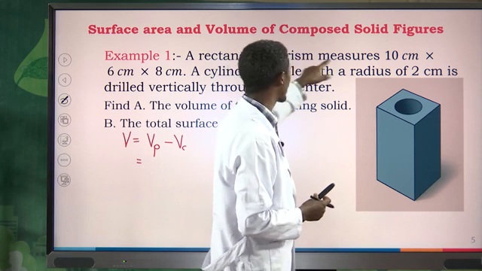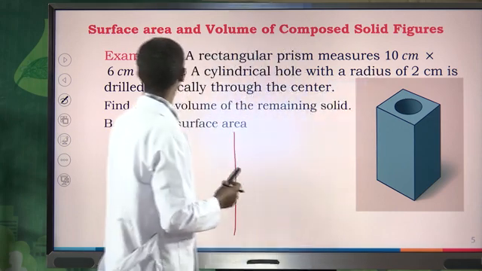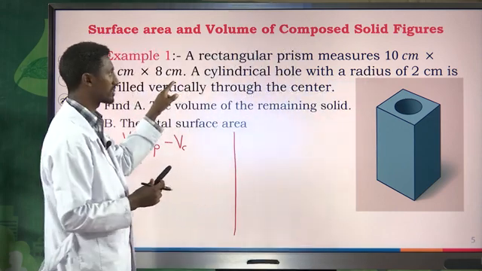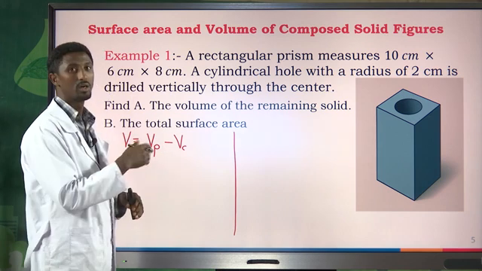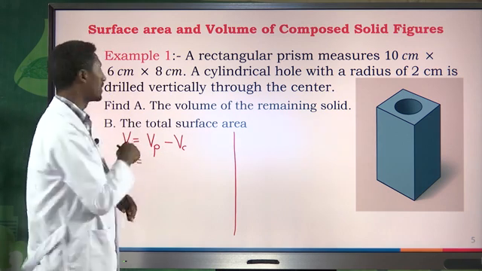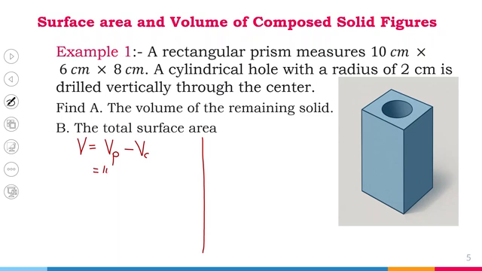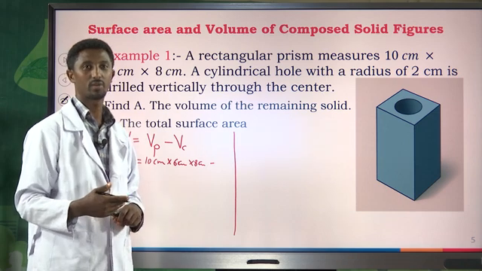The rectangular prism measures 10 by 6 by 8 centimeters. So the volume is the product of these dimensions. That is 10 centimeters times 6 centimeters times 8 centimeters, minus the volume of the cylinder.